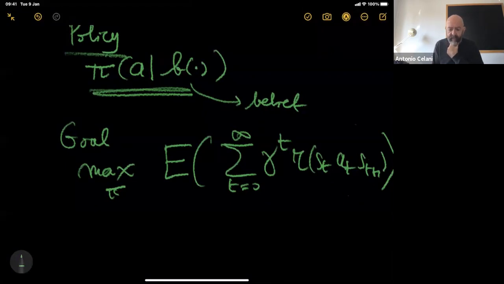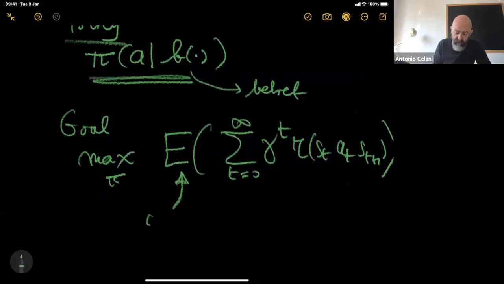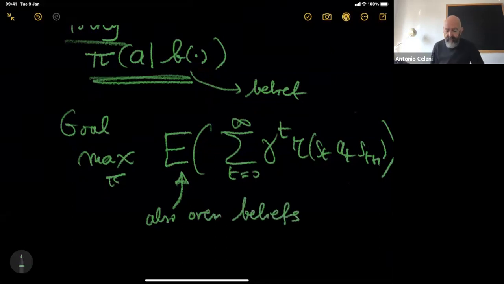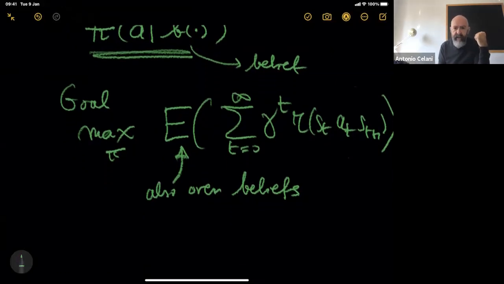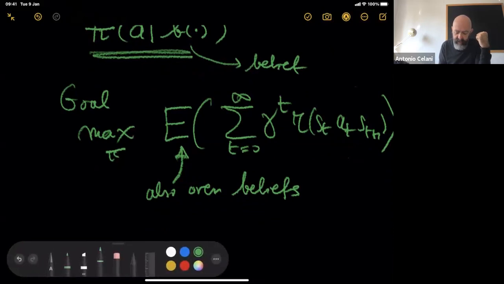Formally it's the same, but the important thing is that this average, this expectation value, is also over beliefs. So we are not averaging only with respect to the stochasticity of the process, like in an MDP, but we're also averaging over our beliefs, about how we infer that we are distributed over states. Since this is important, let's open a little parenthesis to see what this actually means.